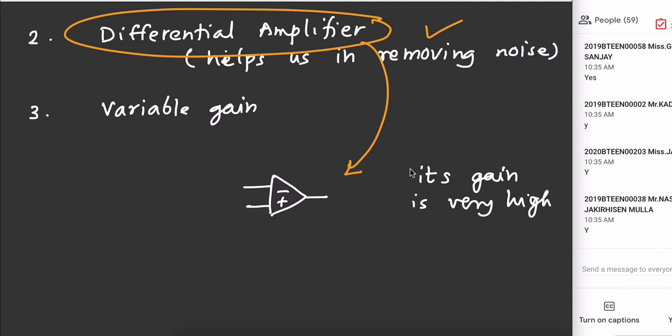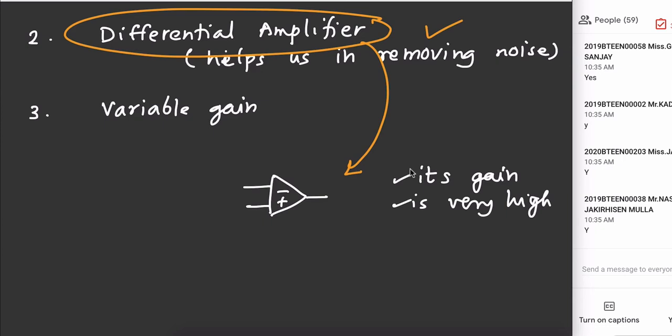We may need less gain. Okay, but to have that virtual ground concept, we need to have an amplifier with very high gain, because virtual short concept solves a lot of our problems. It allows us to analyze the circuit very easily. Okay, so operational amplifier is a differential amplifier, so that job is done, but its gain is very high.